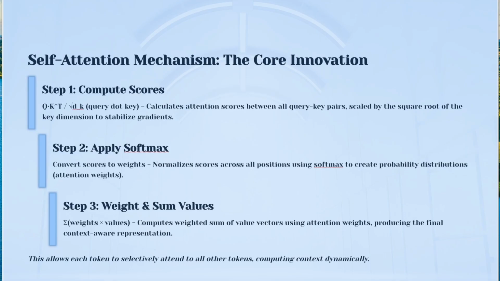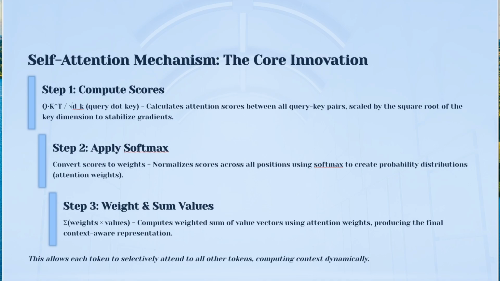Okay, next I want to dive into the heart of transformer architecture, the self-attention mechanism. It is a key idea that allows every token in the sequence to look at other tokens and decide what matters and why.